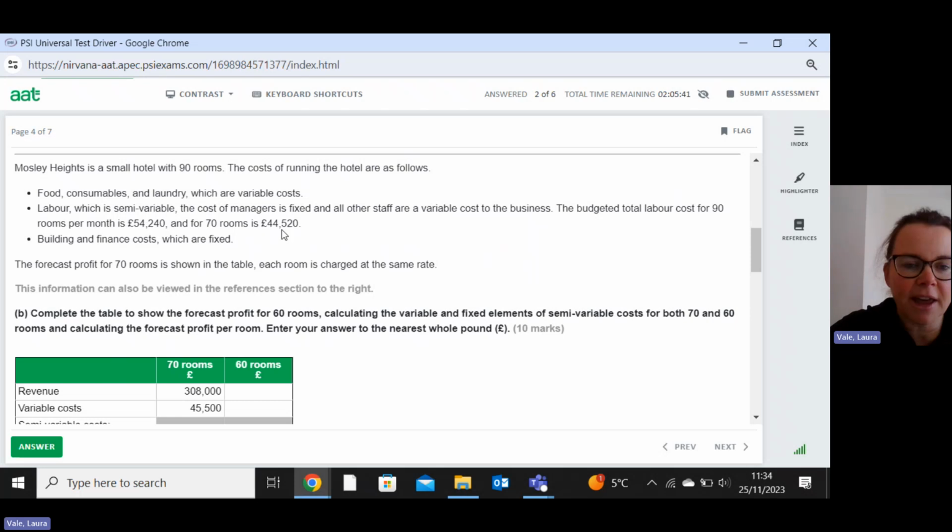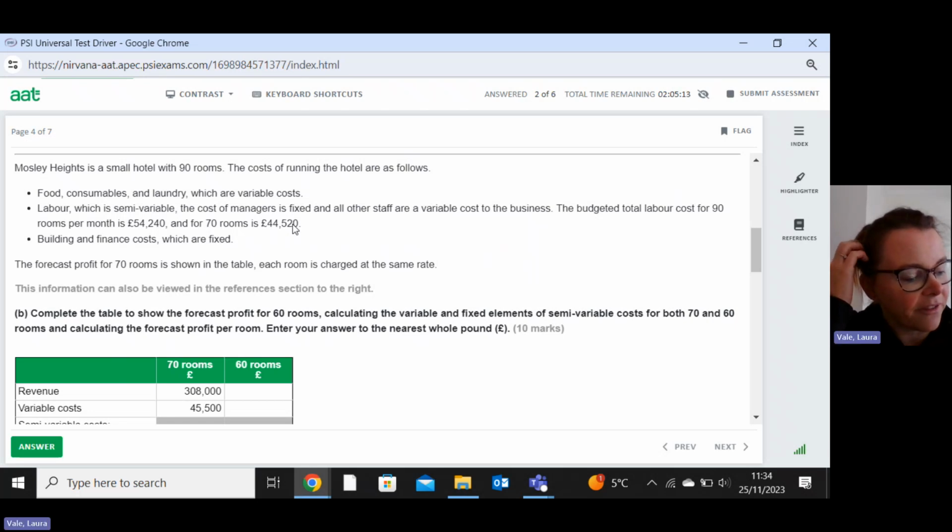So if I divide that through, I had a difference of 9,720 for 20 rooms. So do 9,720 divided by 20, which means that for one extra room, it costs an extra £486. So that must be my variable cost.